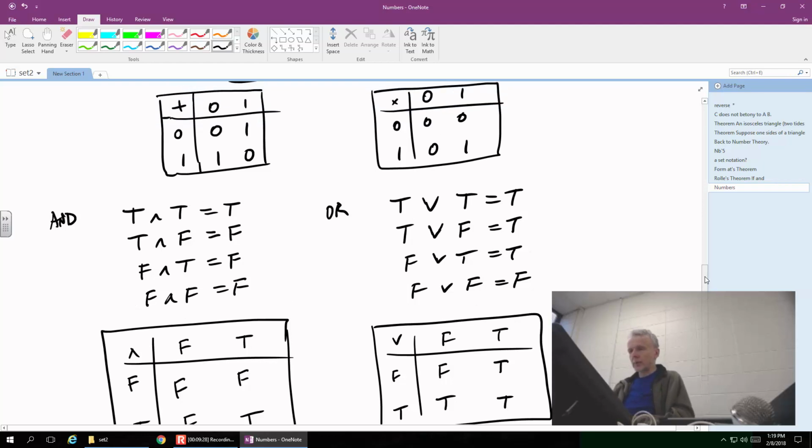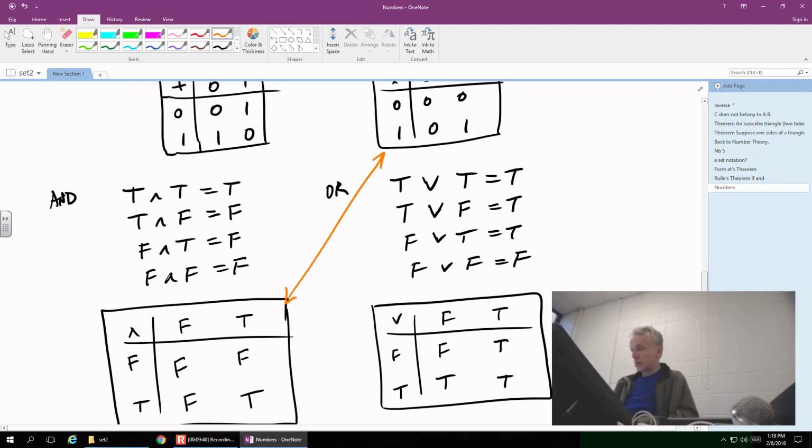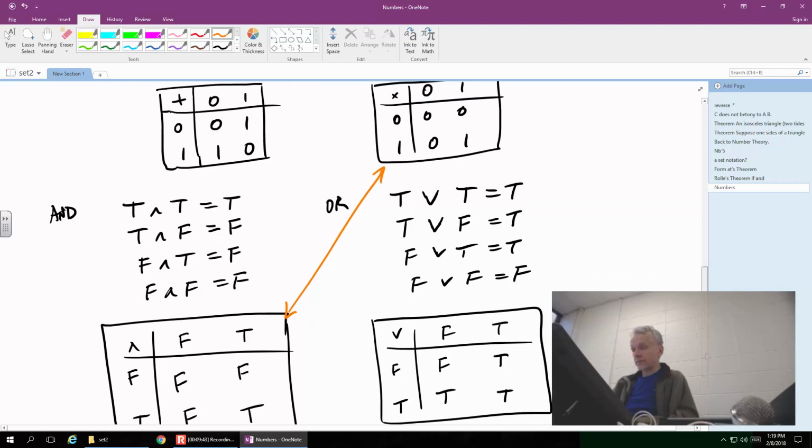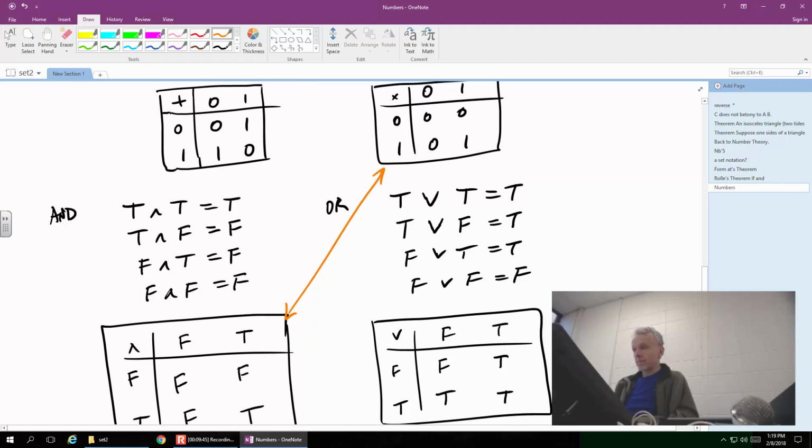"And" seems to be equivalent to multiplication if, specifically, this is what is being suggested, you do what? What's the correspondence? Right, false is 0, and true is 1. That's what you got. Just one by one you can replace them. What about the other one?